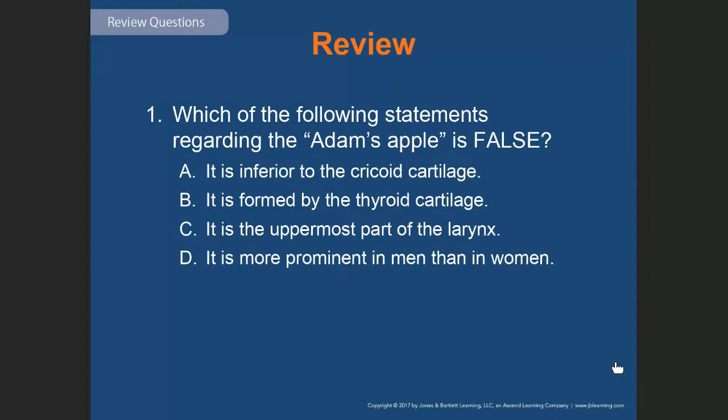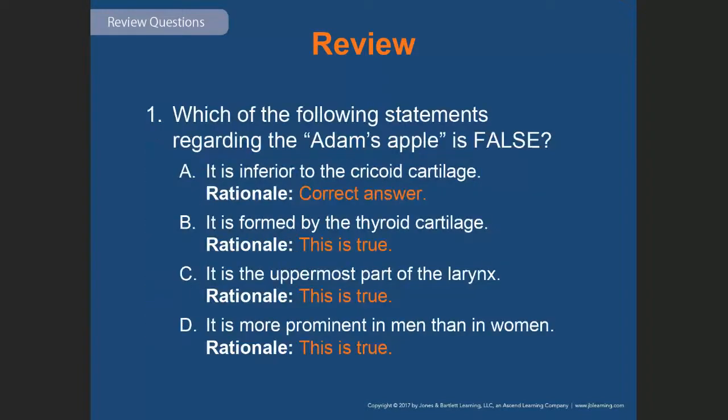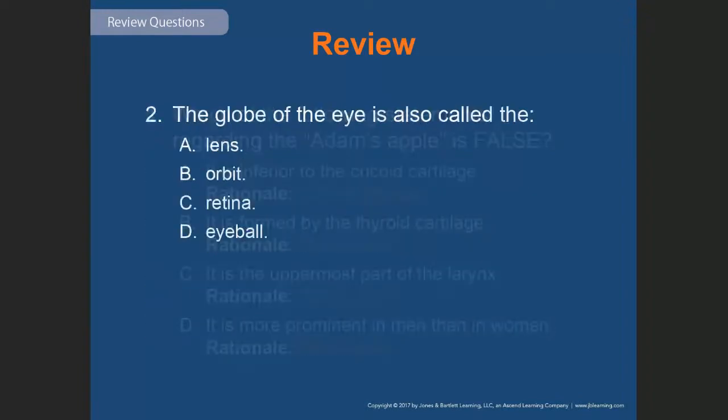I'm taking too long to answer this question. Shouldn't be taking that long. All right, so this is a question that is very straightforward. Answer would be apple. All right, question number 2.